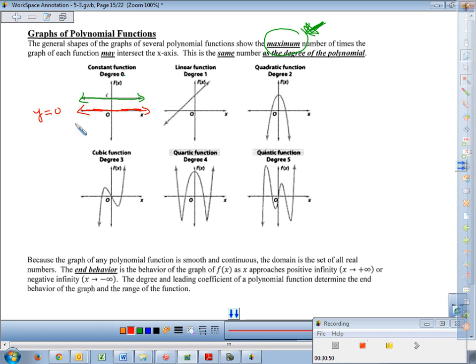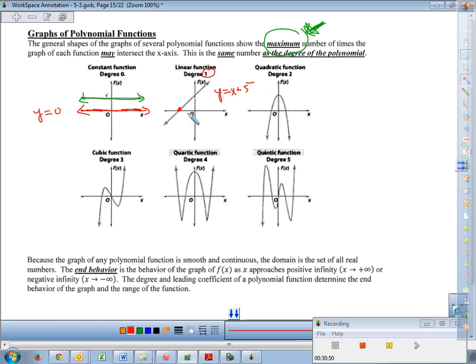So that's one small hiccup in the system. Other than that, it works every time. If you have a degree 1, isn't that like a nice, neat linear equation? How many times can a line cross the x-axis? It can only cross it once, right? It is not possible for a line to cross the x-axis in more than one spot.